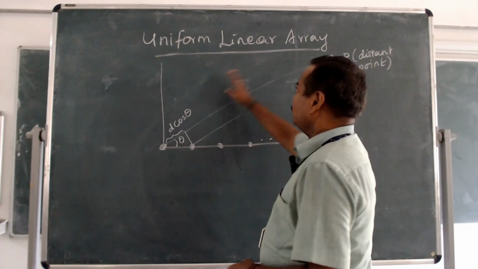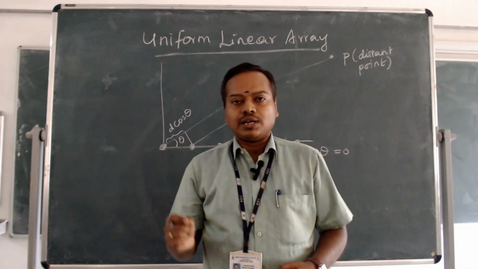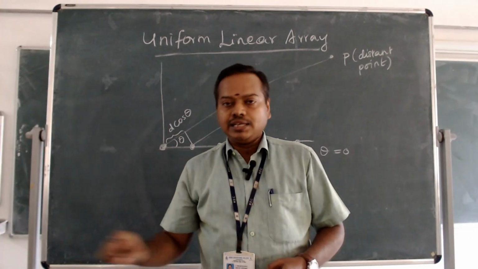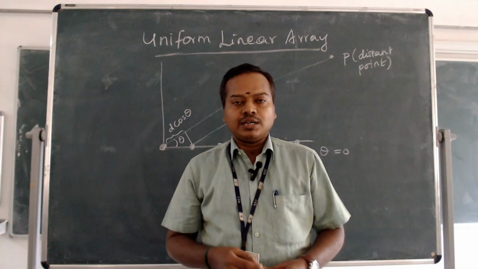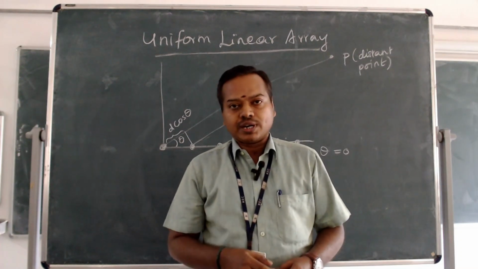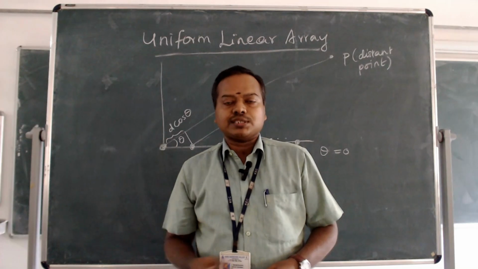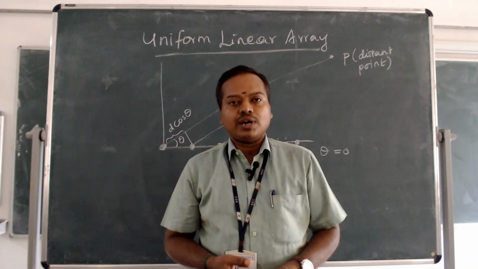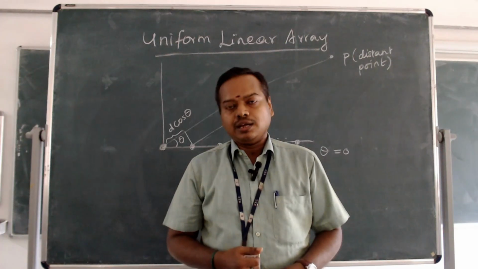Uniform linear array is the arrangement of antenna elements in a linear manner, and they are excited with equal amplitude of current, and they have equal spacing between the successive elements. This type of array is called a uniform linear array.